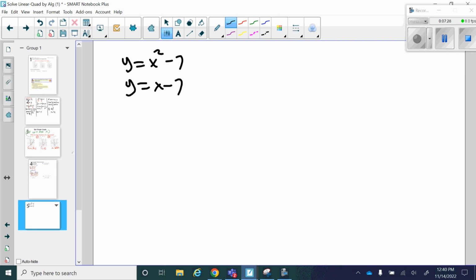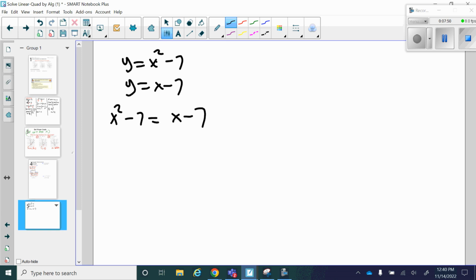Now, how do we solve this equation for x? Well, I can't use elimination because I have x squared and x, so you can't cancel x. So I'm going to do substitution. Just set both equations equal to each other. So I'm going to have x squared minus 7 is equal to x minus 7.